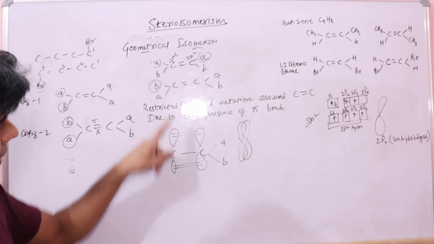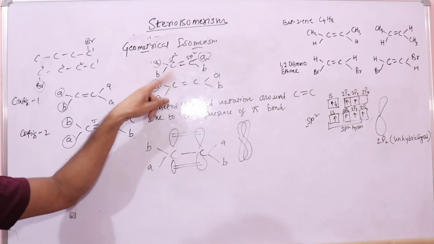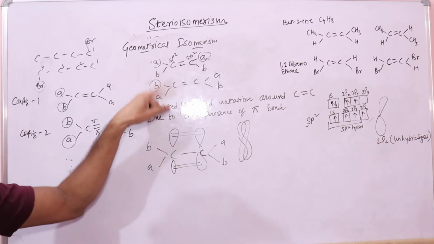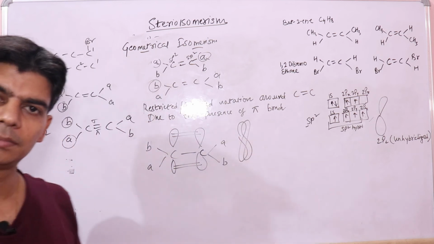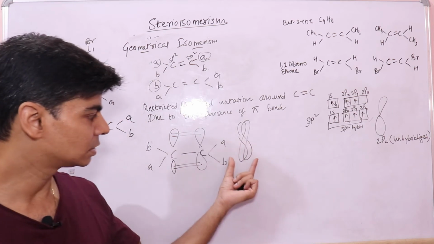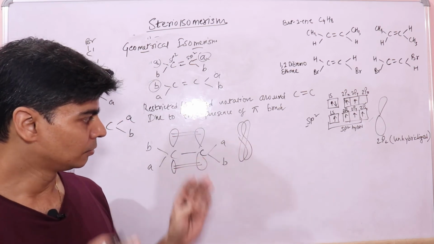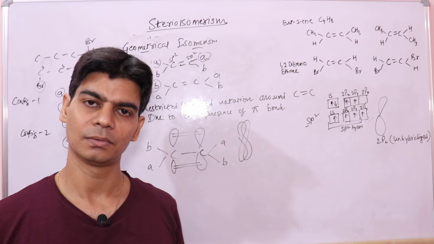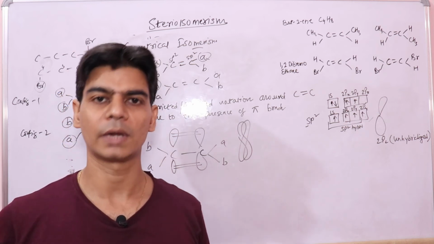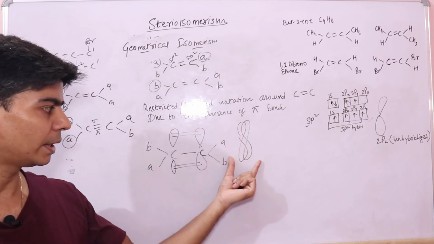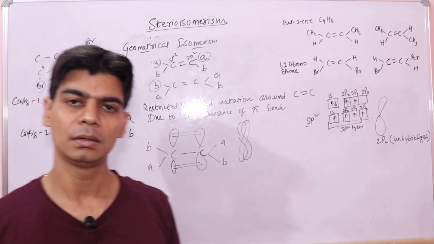Now imagine if I try to rotate this bond, this overlapping will get removed. The overlapping will lessen, or altogether there will be no overlapping. So when there is no overlapping, that means this pi bond will break.